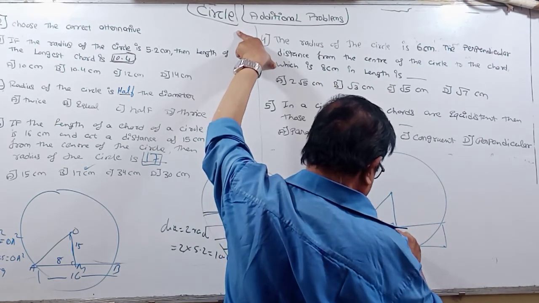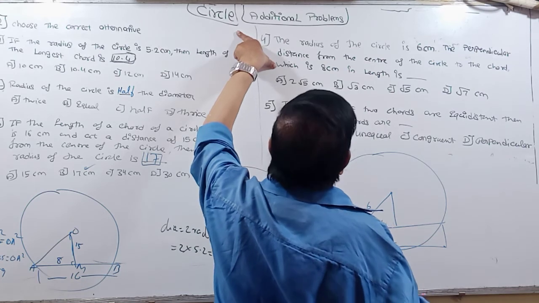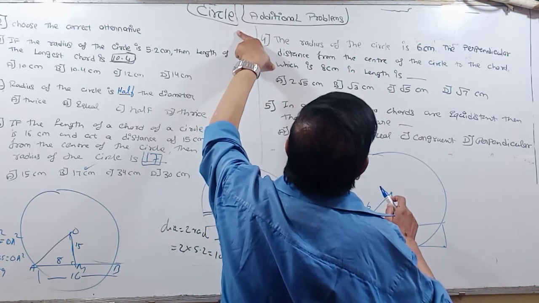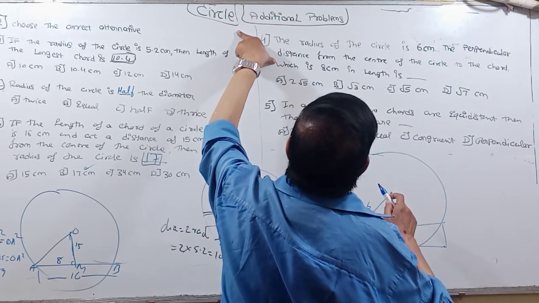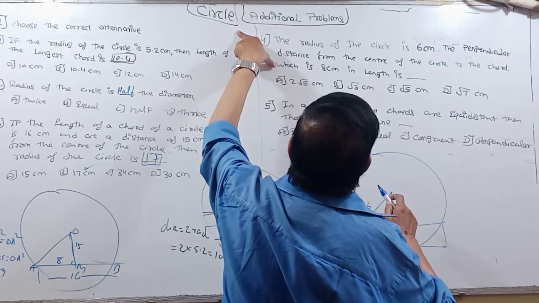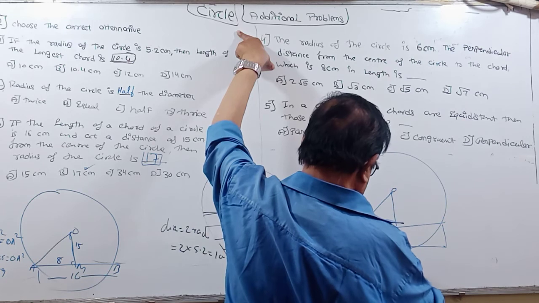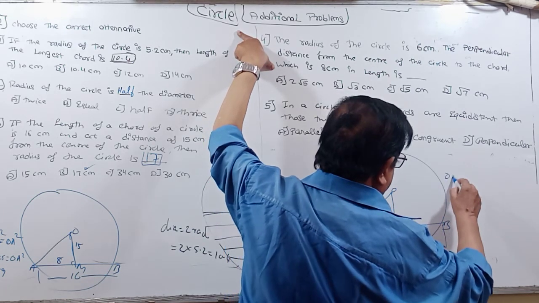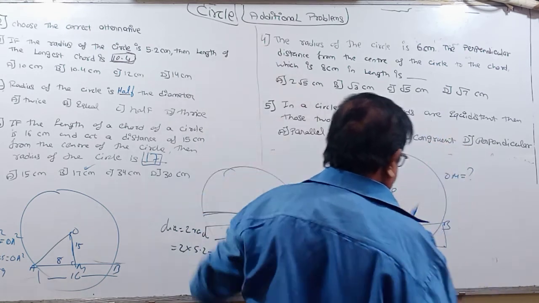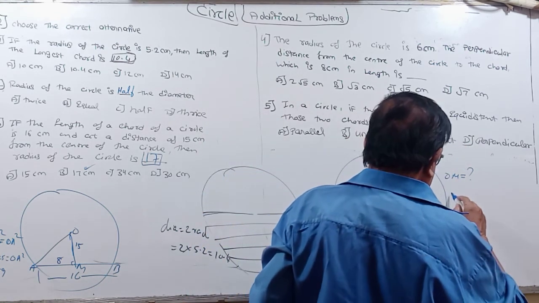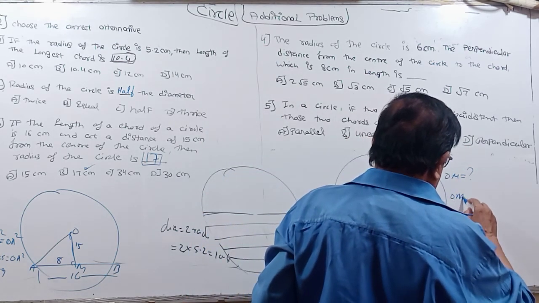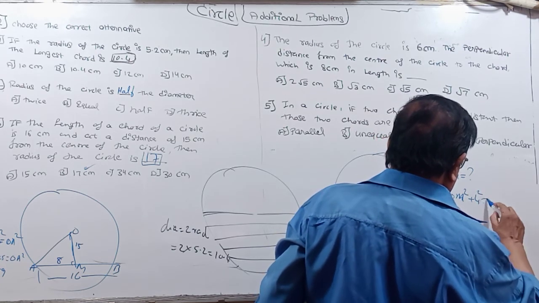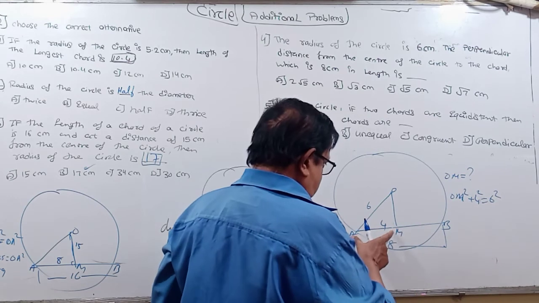So half of the chord is 4. We need the perpendicular distance from the center of the circle to the chord, with O, A, B, M. OM equals what? OM square plus 4 square equals 6 square, by the Pythagoras theorem.